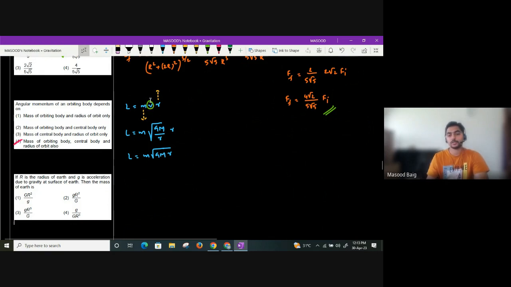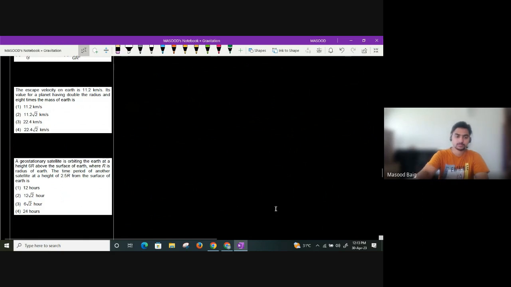Because it is orbiting with orbital speed, I can write v value as root over G capital M by small r. So it will depend not only on the mass of the orbiting body, it will depend on mass of the central body as well as the radius of the orbit, guys. Clear, everyone? Yes or no? I hope it is clear to all of you.